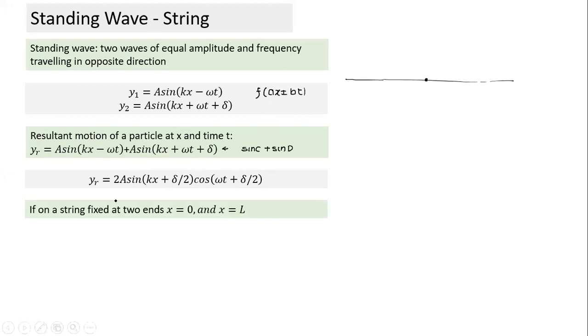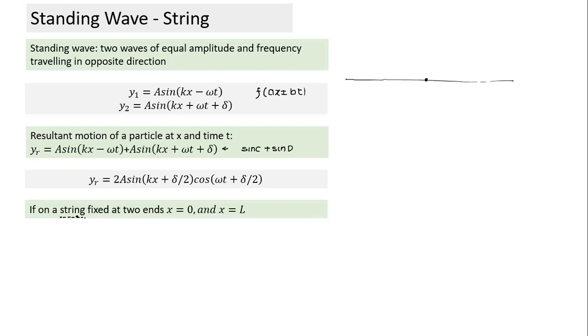Let's take up what happens in the case of a string. String is something in our normal life also. We come across oscillation on a string very often. An example of oscillation of a string and the sound it creates: all string musical instruments fall into this category.